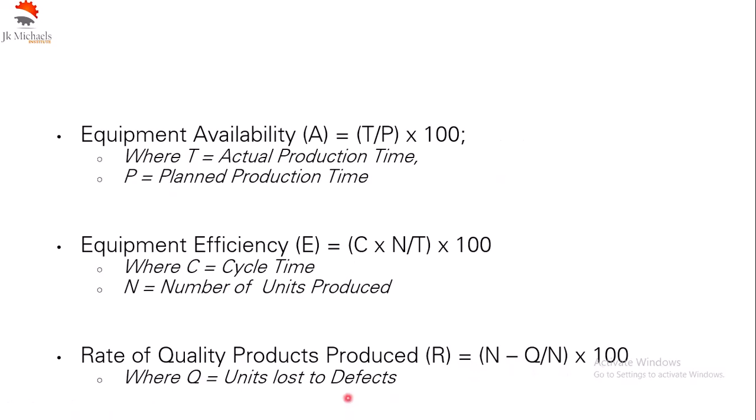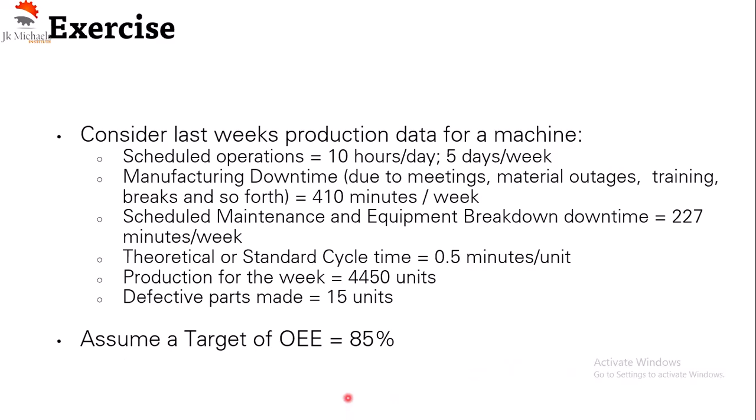And we're going to see that being put to use in a calculation right now, right? So let's go. We have an exercise at hand. We want to consider last week's production data for a machine. Our scheduled operation was 10 hours per day and 5 days per week, right?